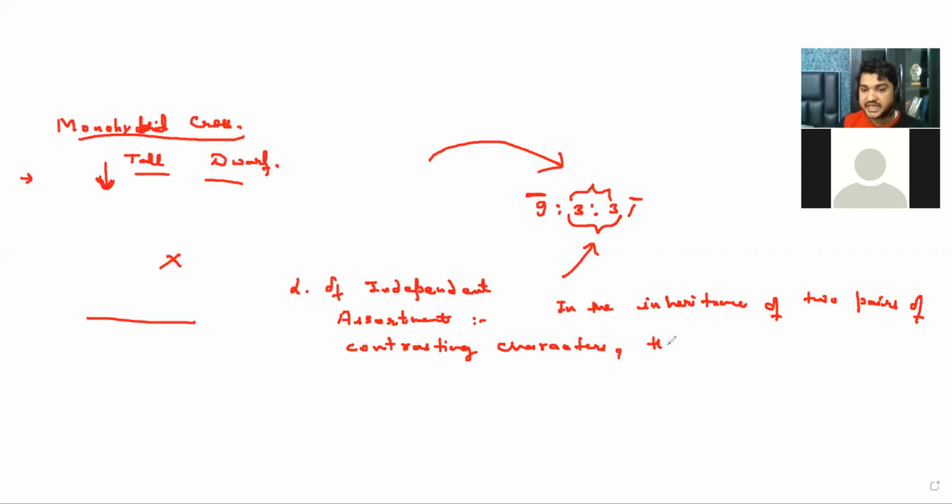The gene, at that time, was considered a factor. Right now we usually call a fragment of DNA a gene, but at that time it was considered a factor.